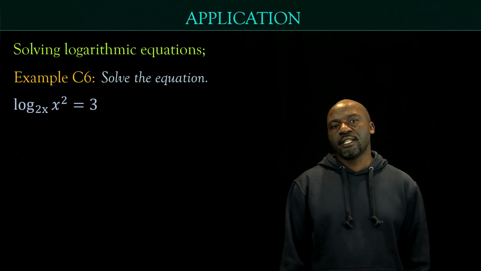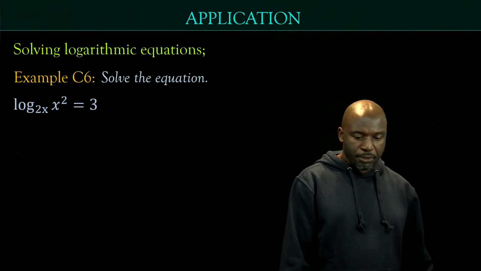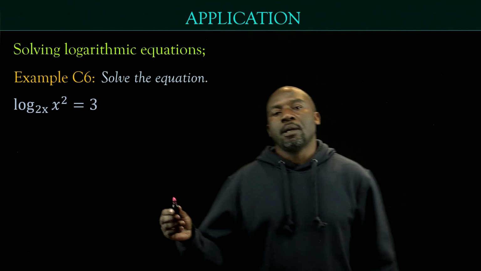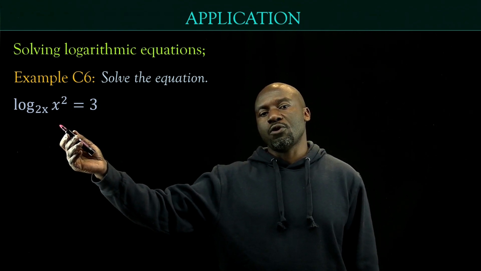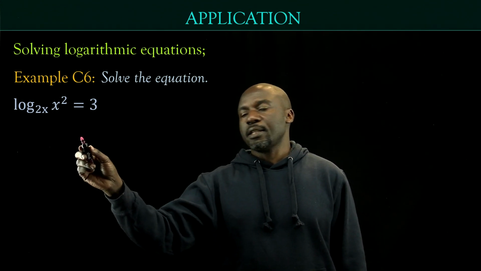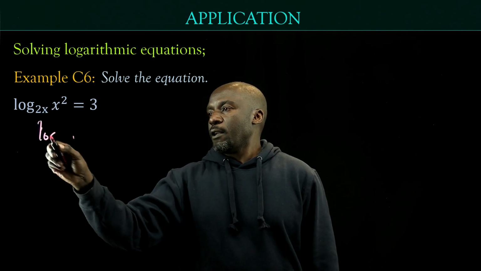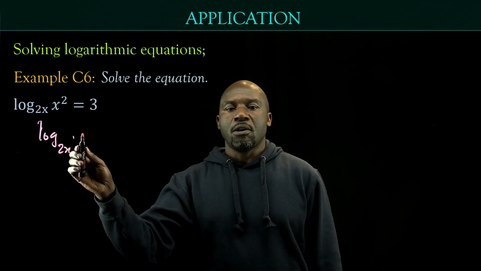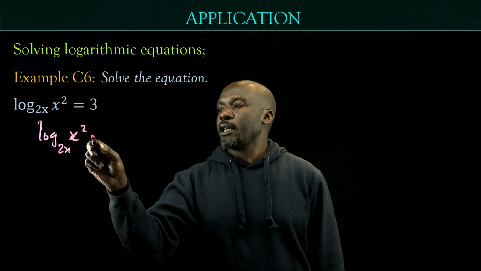We can change to base x if we wanted, but otherwise we can also just write this. Let's see. So we can write this as log to base 2x of x squared is 3.